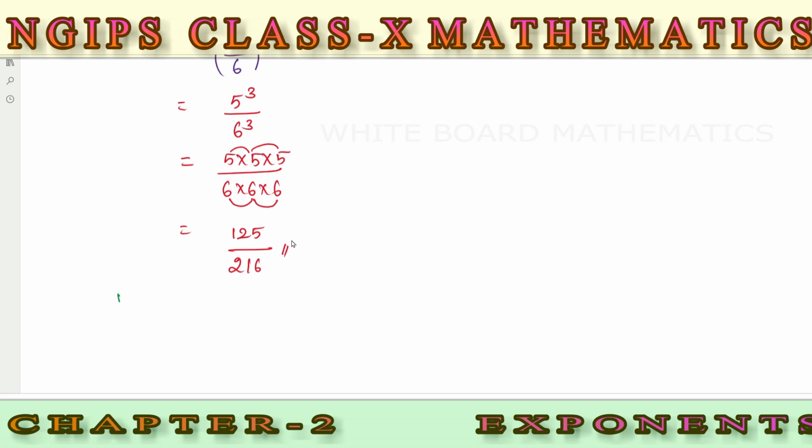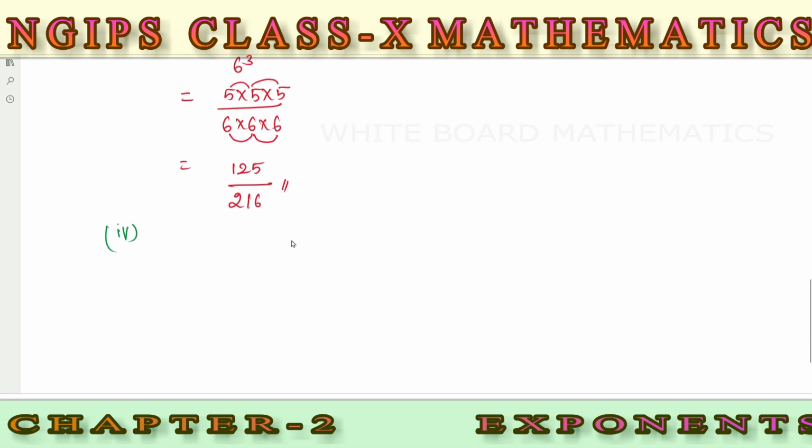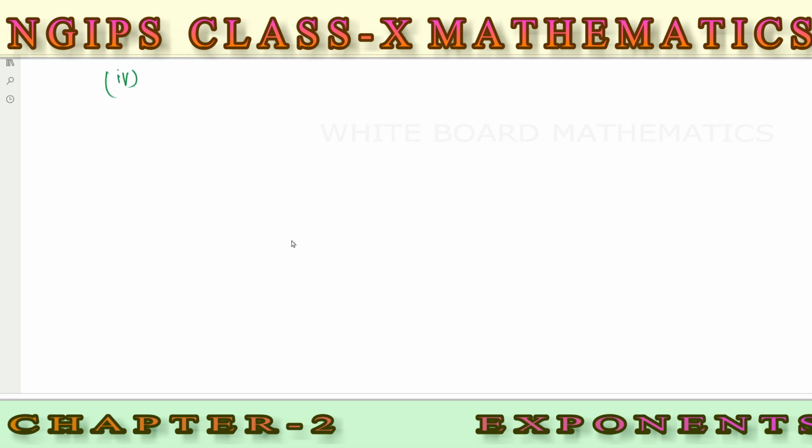Next we will come to the fourth question. Here the fourth question we have 3 inverse divided by 4 inverse, whole power 2. Now I am just going to take the reciprocal of 3.